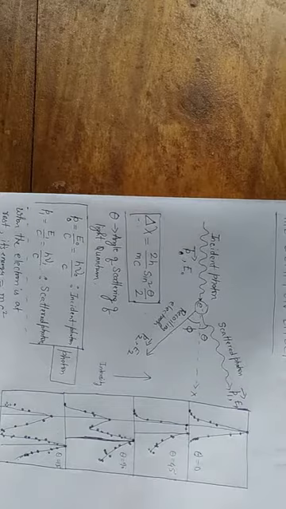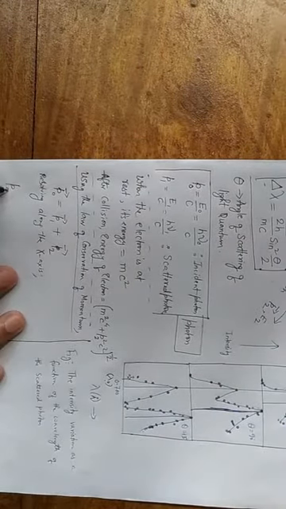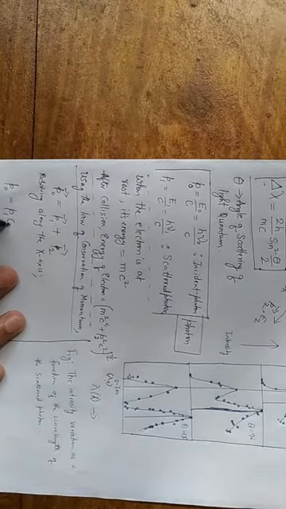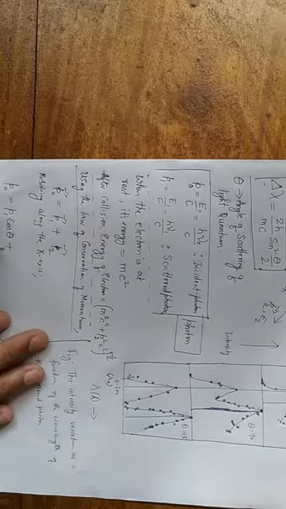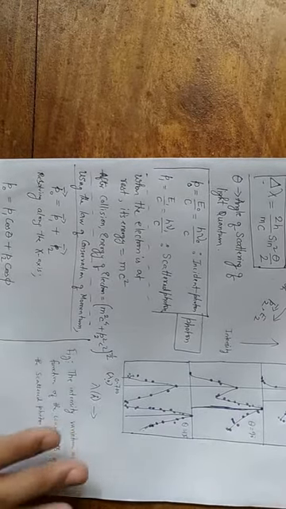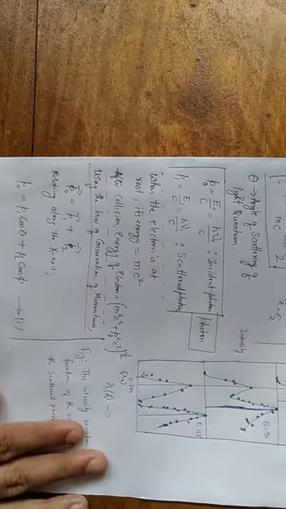So let us write p naught is equal to p1 cos theta plus p2 cos phi. You can give it equation number 1.